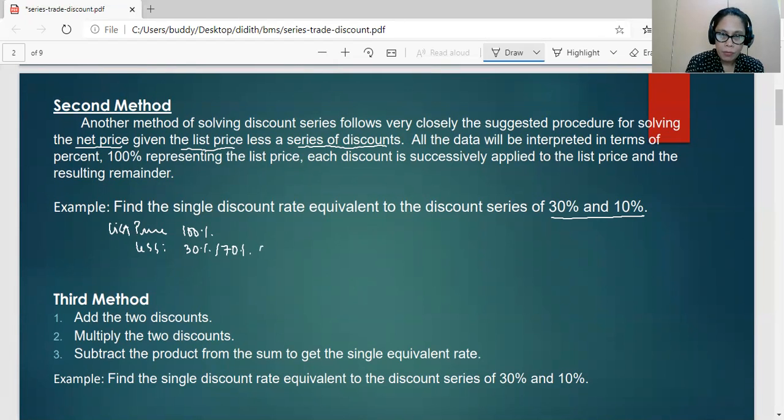The first entry there is the first discount rate, this 30%. And then the second entry is the first remainder. So this is our first remainder.